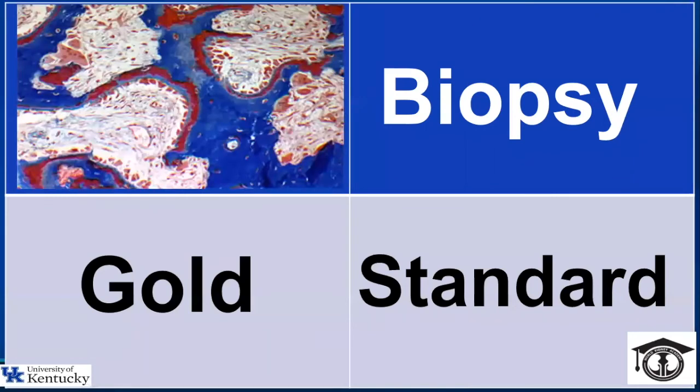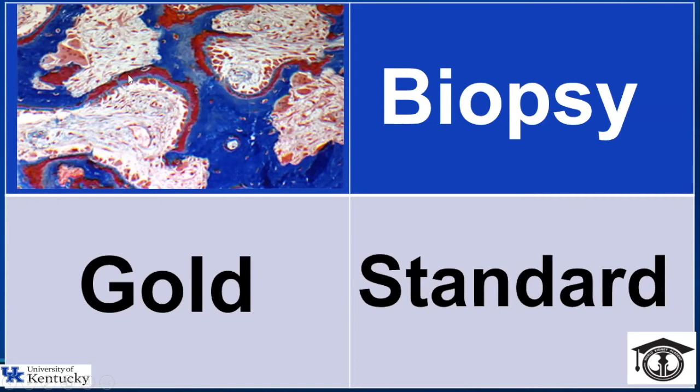So bone biopsy is the gold standard in diagnosing renal osteodystrophy. I want you to understand the basic structure of the bone here. This is called osteoid, which is collagen. It's a matrix, collagen type 1. It's a tough protein.